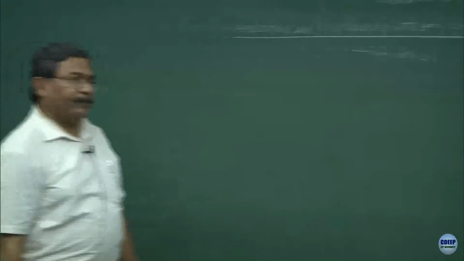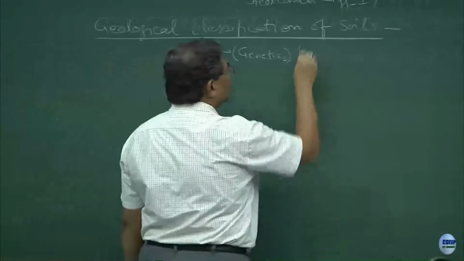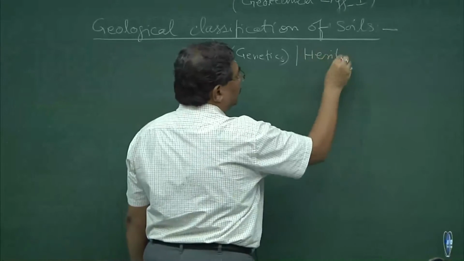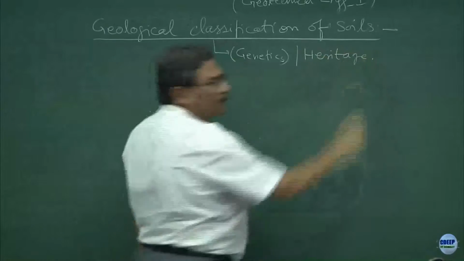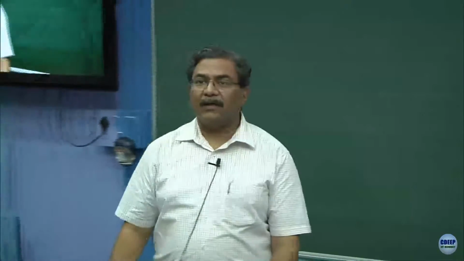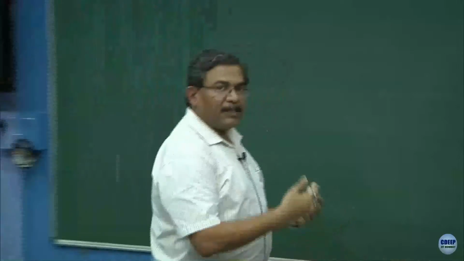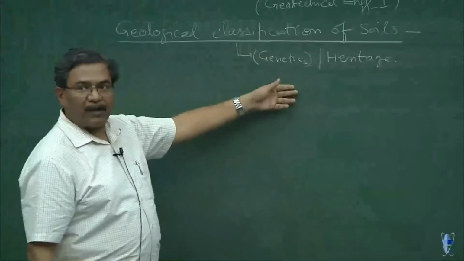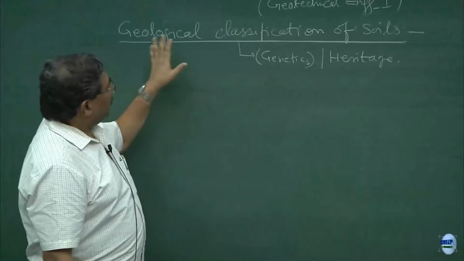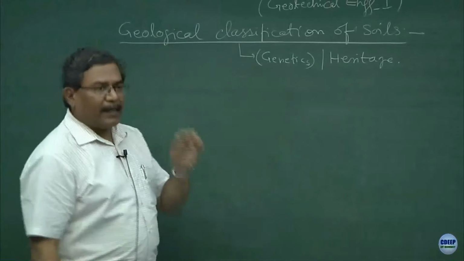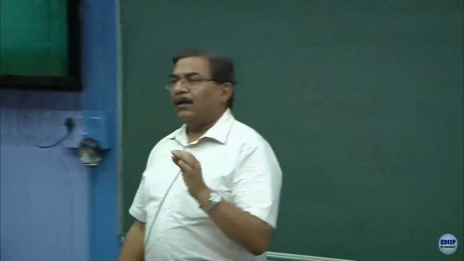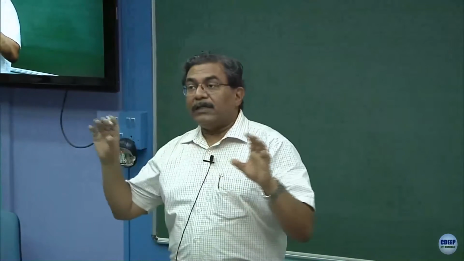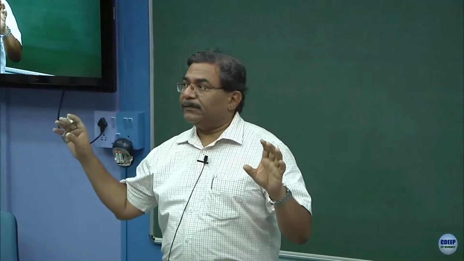The heritage. They have a family tree, family heritage, is it not? We call it genetics, genomics, whatever you may call it. So, most of the time geological classification carries a connotation of the geomorphological features of the soils.